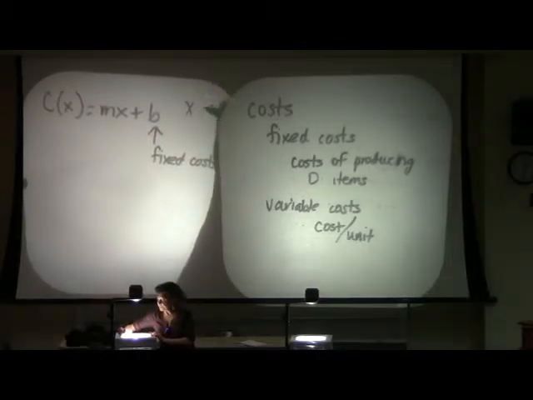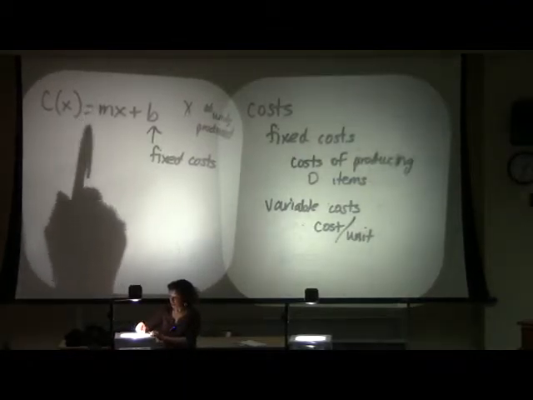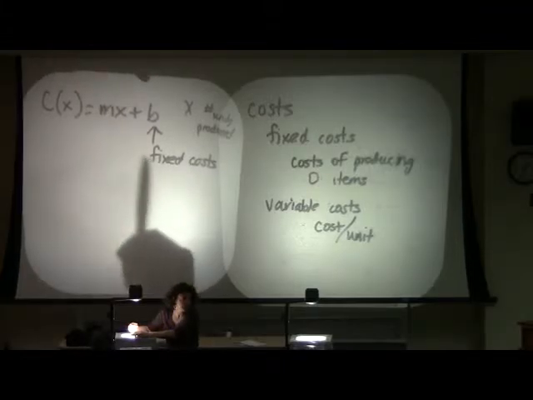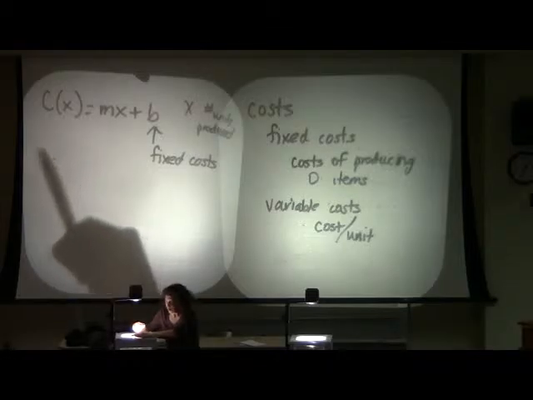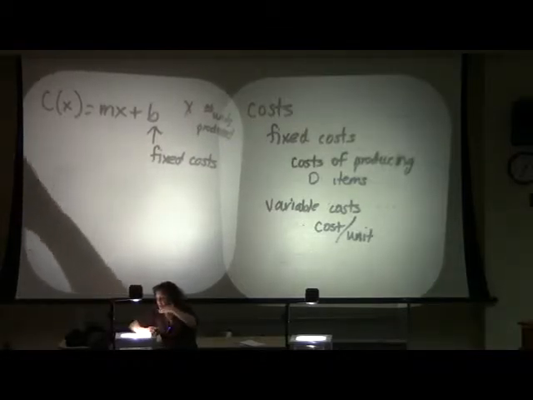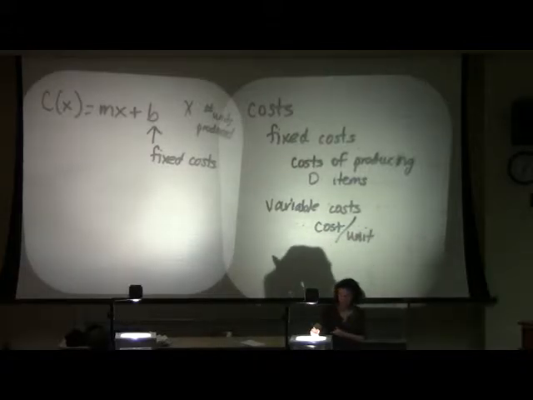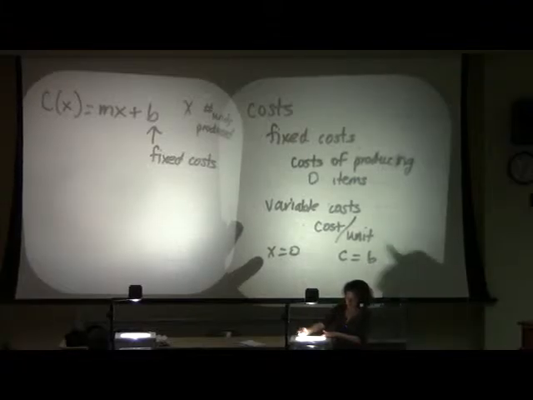So x is the number of units produced. You all agree, if I plug in x equals 0, this term goes away and I'm just left with my b. Any questions here?